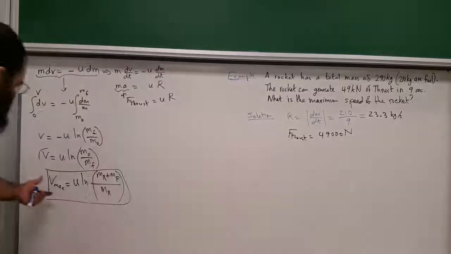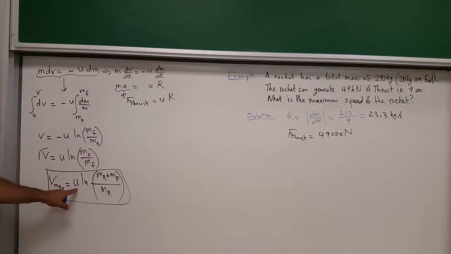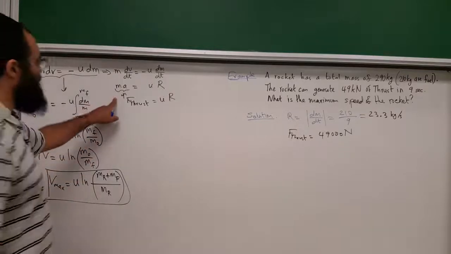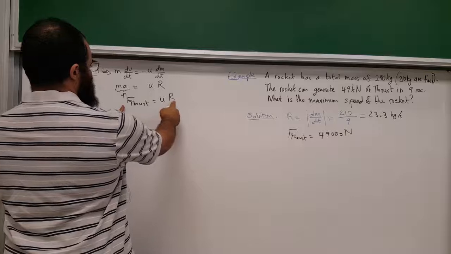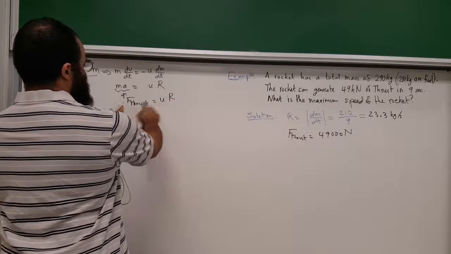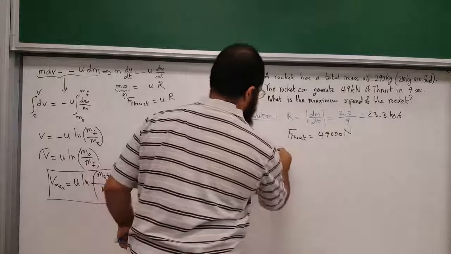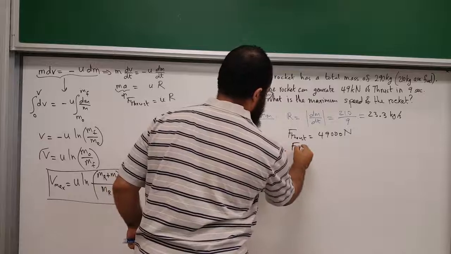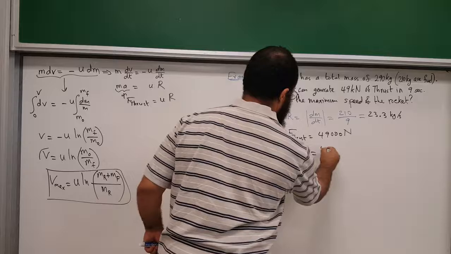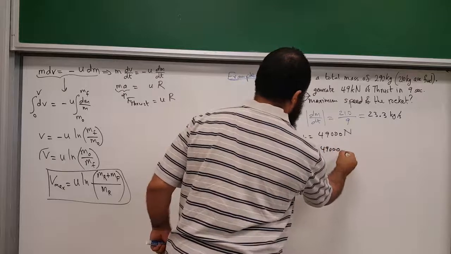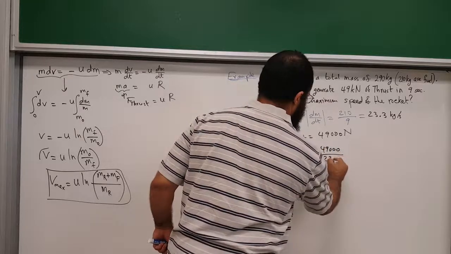To figure out the maximum speed, I need u. I have the masses, but how do I find u? Well, from here, the force of the thrust equals u times R. So u will be the thrust divided by R, and that's 49,000 divided by 23.3.